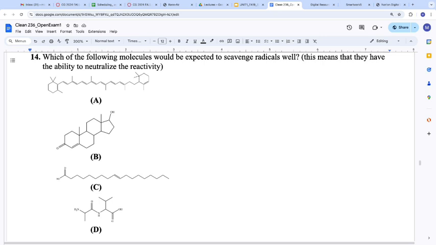How do electrons move? It's a straightforward question. You're just making it complex. What bonds do they move through? Pi bonds. And when electrons move through pi bonds, we call that resonance.